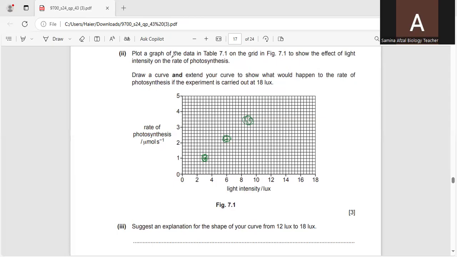And the next is at 12. So at 12, it is 4.0. So it will be in this way. Now we have to join these points with the help of a scale. So all of you will use the scale.